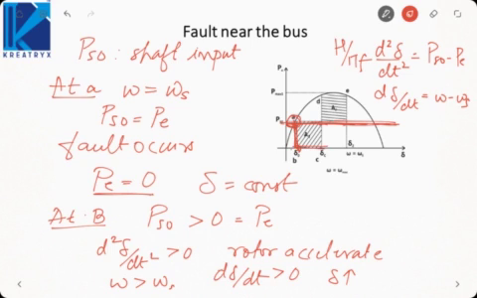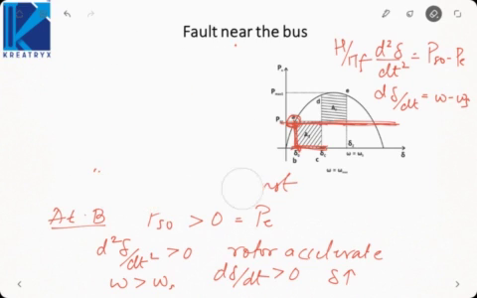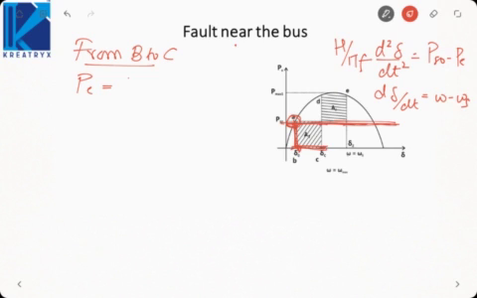So we are moving from point B to point C. That is, we are increasing delta, keeping the electrical output 0. So as we go from B to C, electrical power is 0.